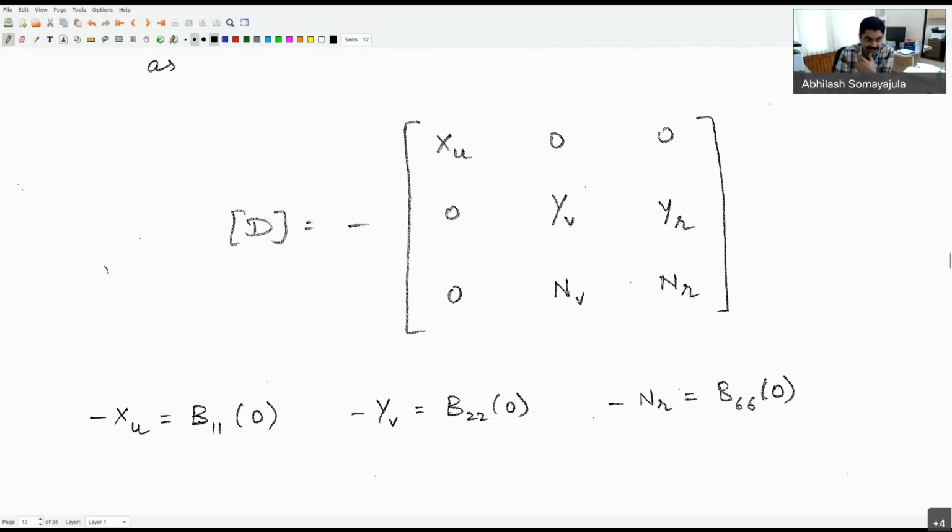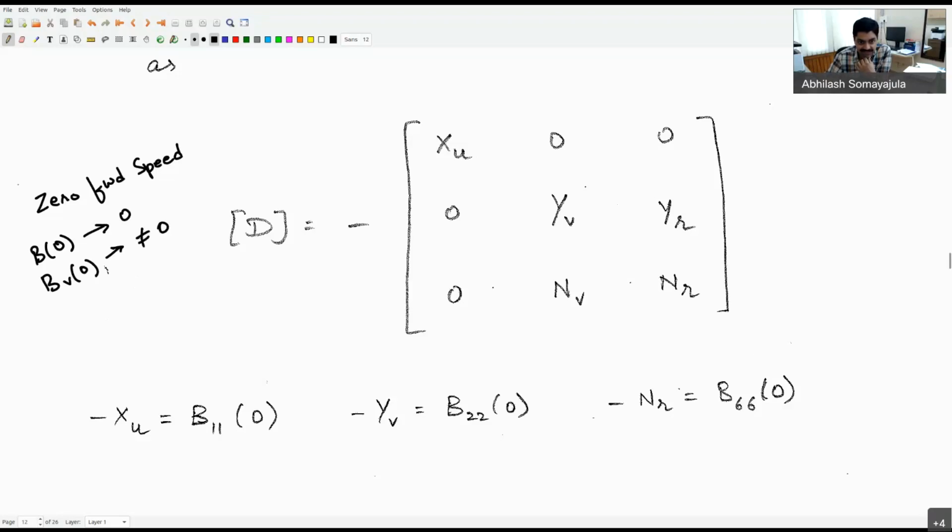When the vessel has zero forward speed, the radiation damping at zero frequency tends to zero. But the viscous damping, even at zero frequency, is not equal to zero.